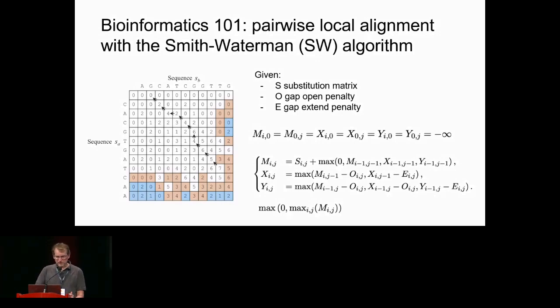For example, here on this table, every time you have an A against an A, you get 4 points. If you have an A against a G, you have 1 point, etc. So these are parameters that have to be decided beforehand to build this table.